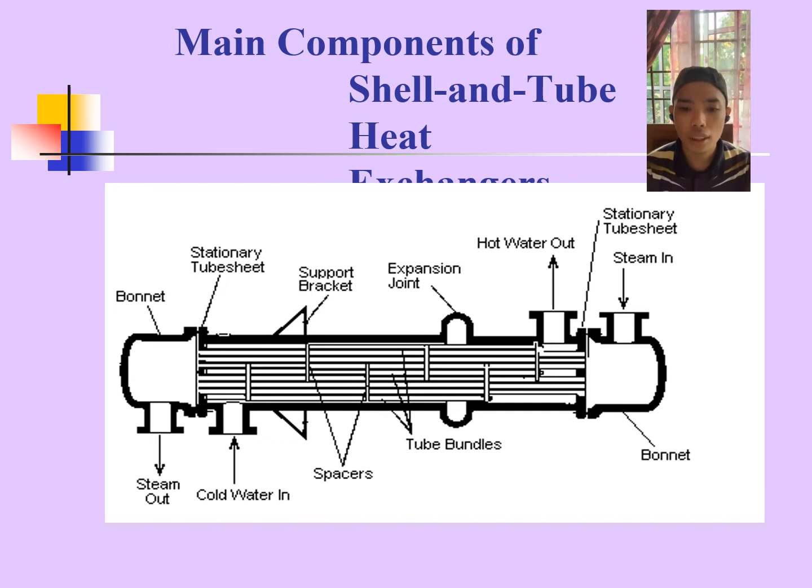Okay, I want to tell you about the main components of a shell and tube heat exchanger. First, it must have a bonnet, stationary tube sheet, support bracket, expansion joint, hot water out, stationary tube sheet, steam in, bonnet, tube bundle, spacers, and cold water in and steam out.